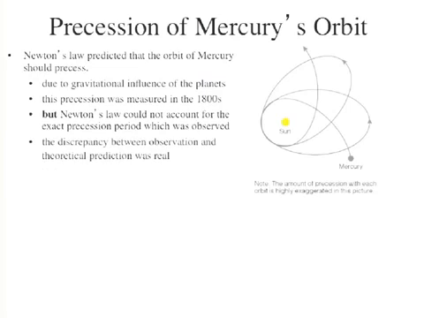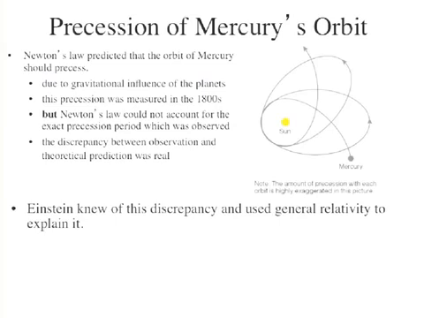Okay, the discrepancy was known to exist, and people didn't know what to do with it. But Einstein knew of it and used his general relativity theory, and he explained it perfectly.